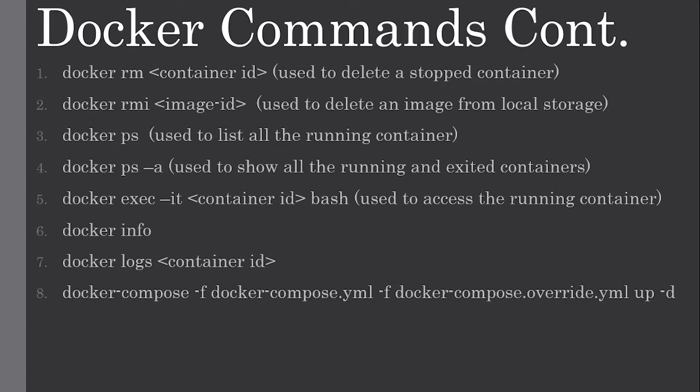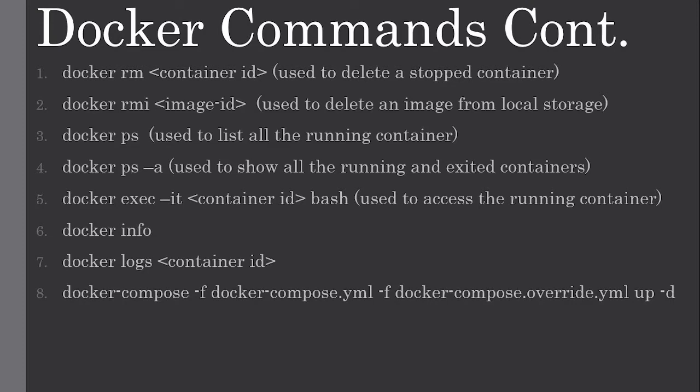Docker PS is one of the commands that we use quite regularly that will list all the running containers on your computer. And the most important one is at the bottom, that is Docker Compose. That is the one command that we are going to use throughout this video.